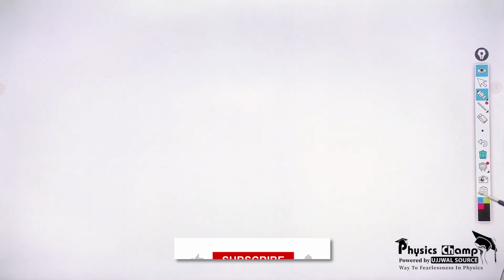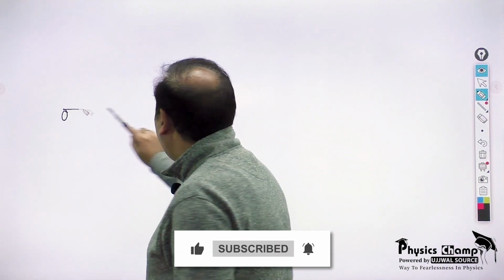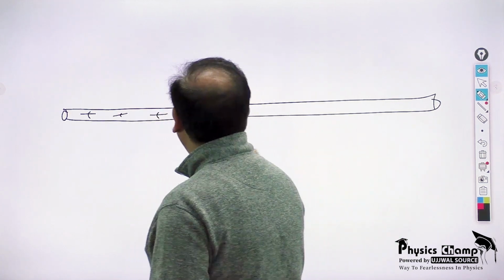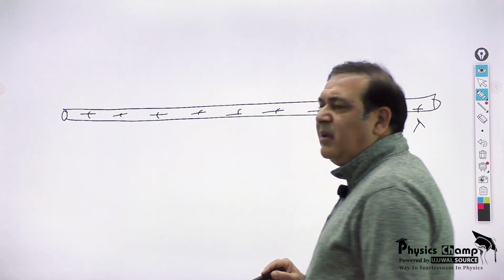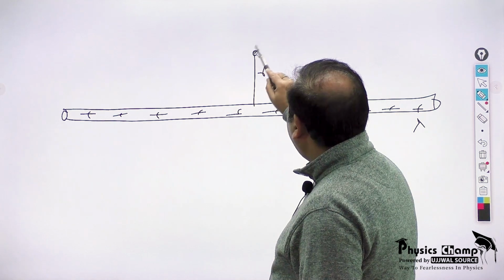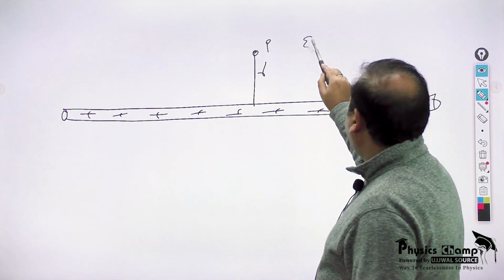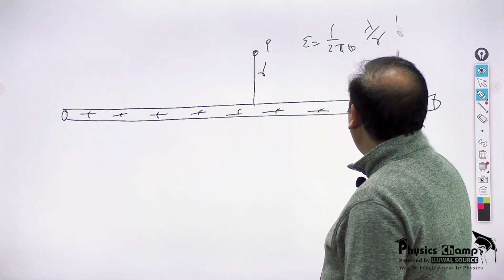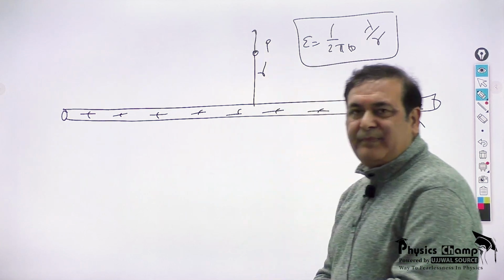As a whole, the result is that if you have an infinitely long rod where the charge is distributed uniformly with a linear charge density, say lambda, and at a distance r, at a point P, you are looking for the electric field, the electric field will have a value 1 by 2 pi epsilon naught lambda by r, and the direction of the electric field is normally outward.